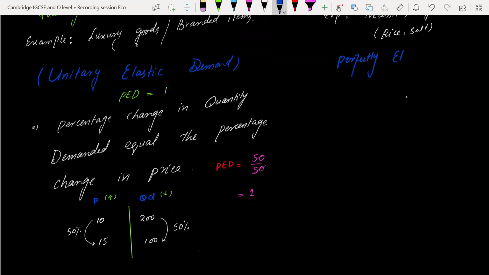When we calculate PED, if the answer is infinite, that is called perfectly elastic.